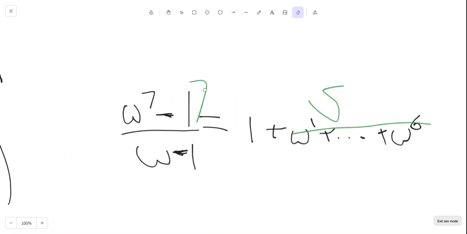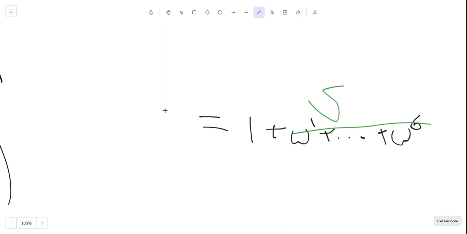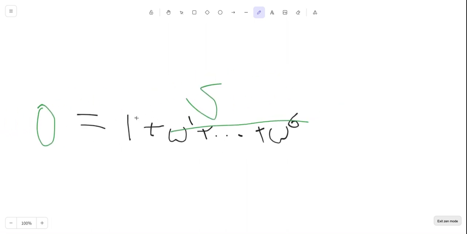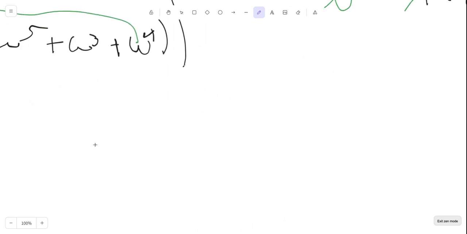And if you look over here, omega to the 7th, it's a root of unity, so it's going to be 1, and the factorization gives 0. This is also a well-known fact about roots of unity: the power sum from 0 through n minus 1, where it's the nth root of unity, will be 0. So take 1 from both sides, you get negative 1. S is actually negative 1.